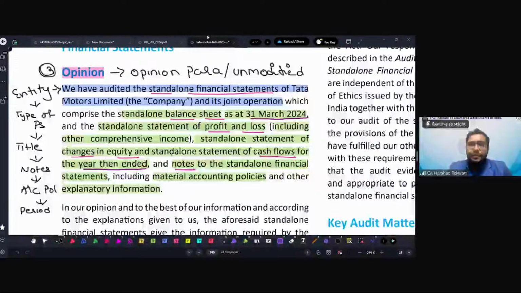Can anyone tell me a difference between both? What is the difference between fair presentation framework and the compliance framework? I'm not sure whether it is exact or not. I think fair presentation means the general purpose financial statement framework, and the compliance framework means it is according to the special purpose financial statements framework. Okay, good. Anyone else would like to add something?